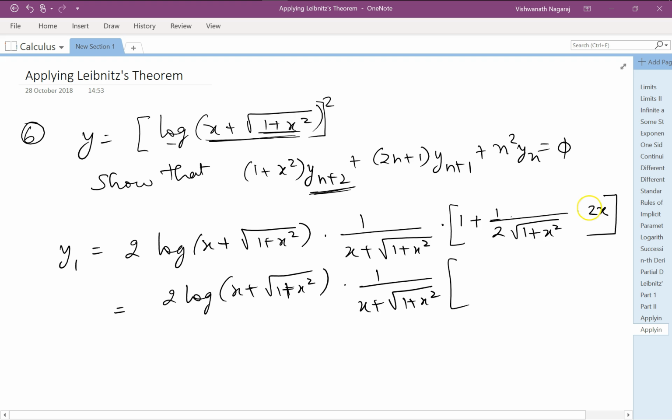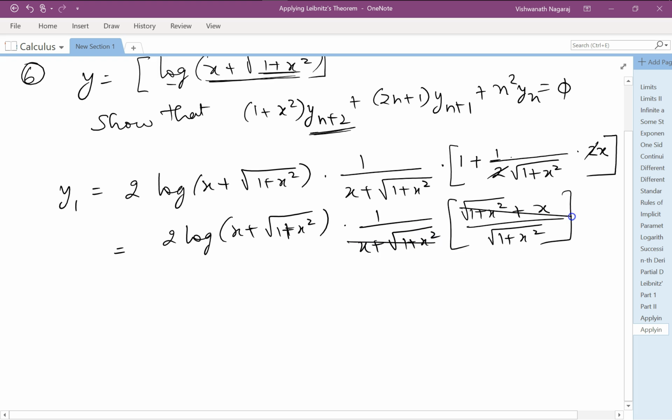Okay, this 2 and 2 get cancelled, and let's take the LCM, 1 plus x square. So this also becomes 1 plus x square plus x. This and this are same, so they get cancelled out, and what we have is this term, the denominator, we can bring it to the left hand side.